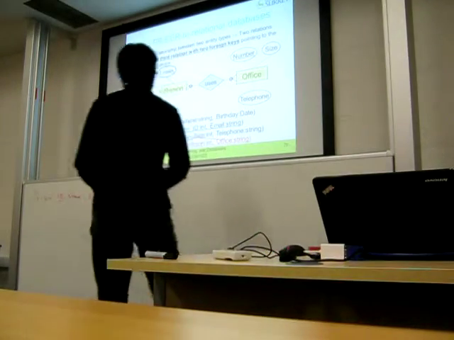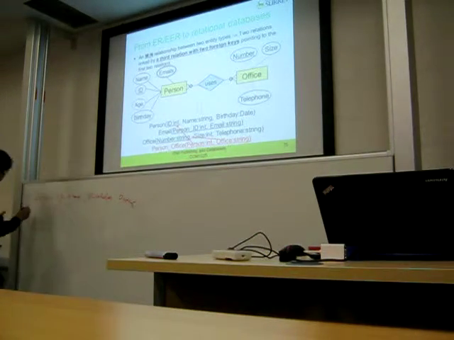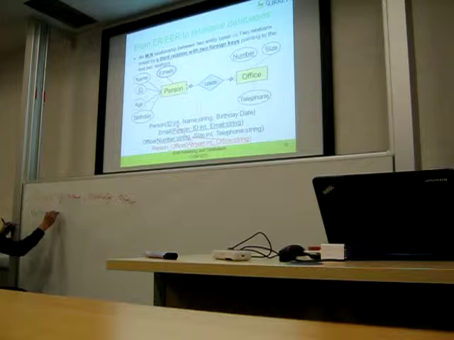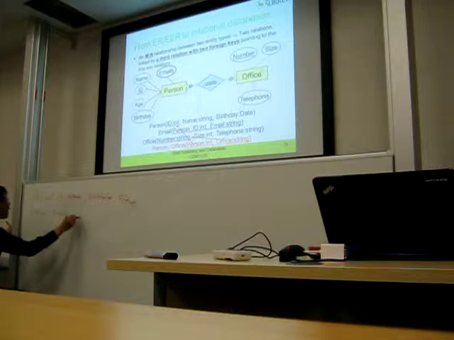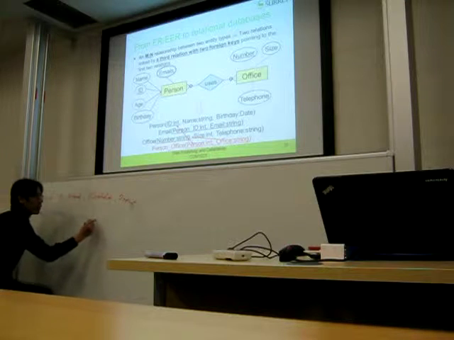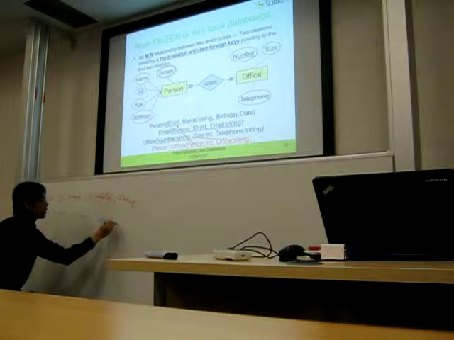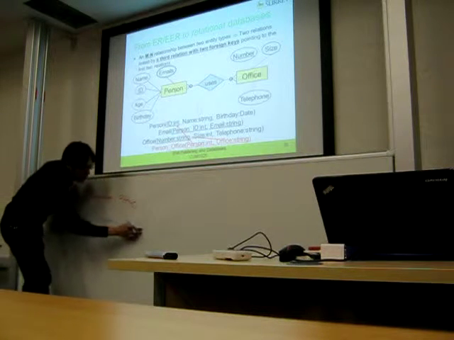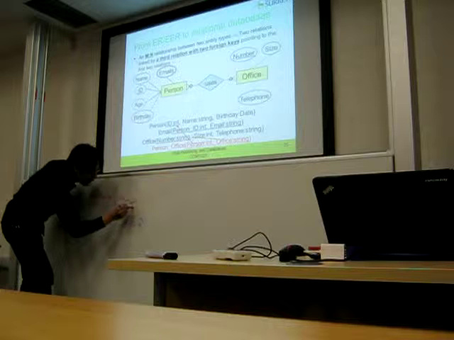The other way around, if you want to do office: office number, size, telephone, and if you want to add the person sitting in the room, again, you end up with a plural.